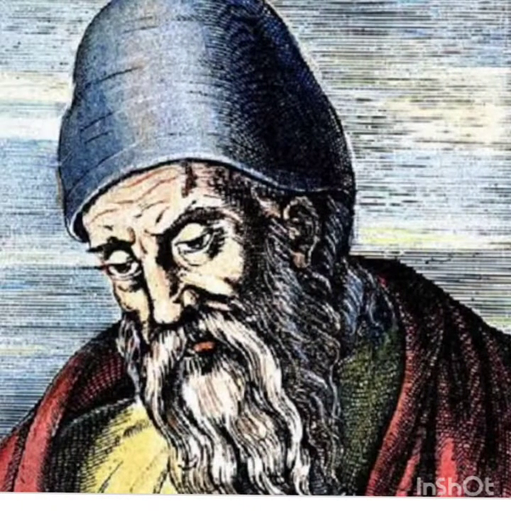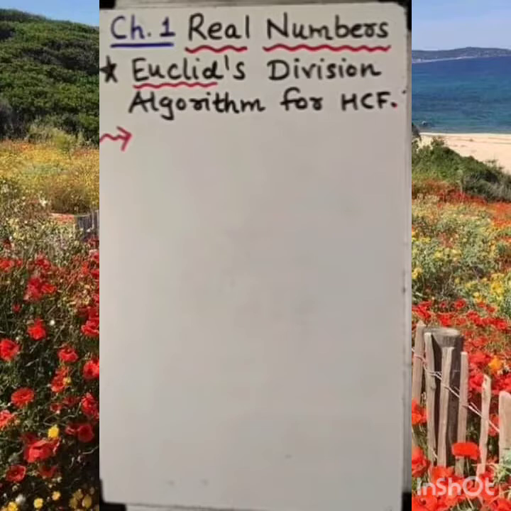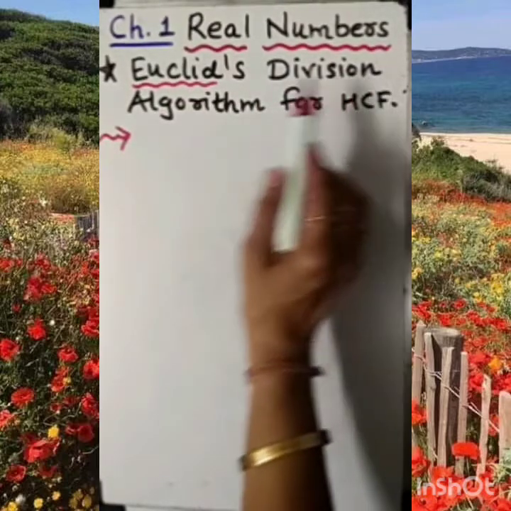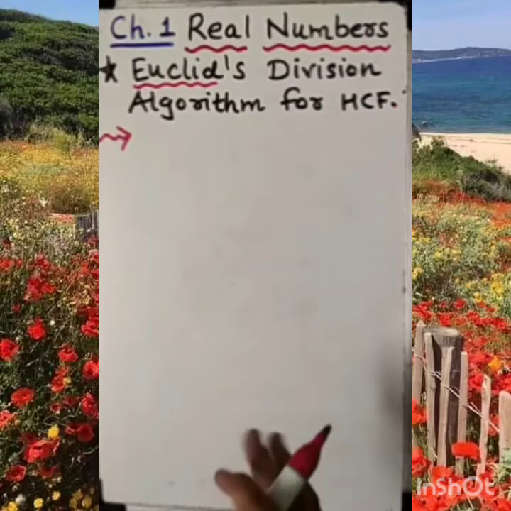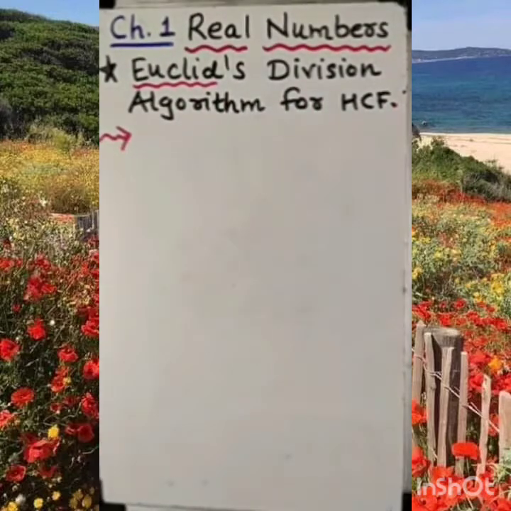Euclid was a Greek mathematician, and he devised an interesting method to find the HCF of two numbers. That method is known as Euclid's division algorithm for HCF. Euclid himself devised this method. That's why, from his name, the method is called Euclid's division algorithm.